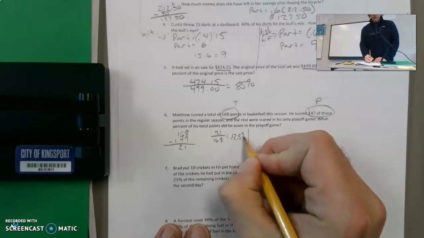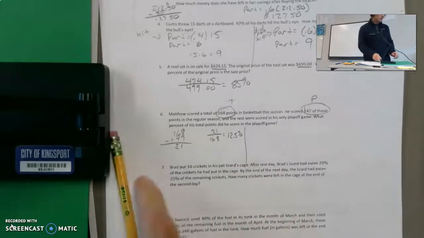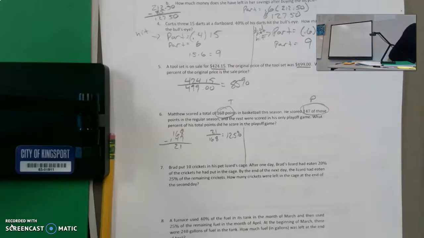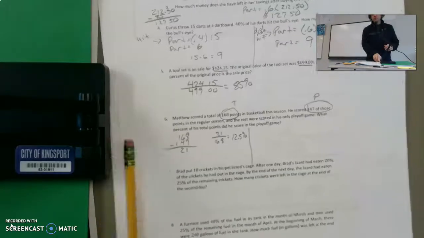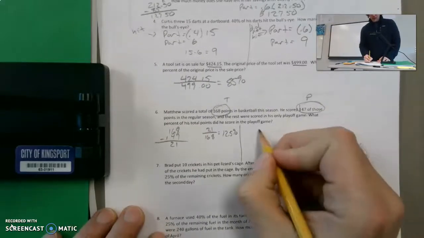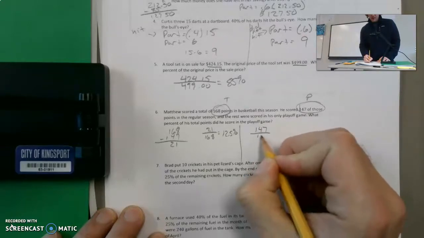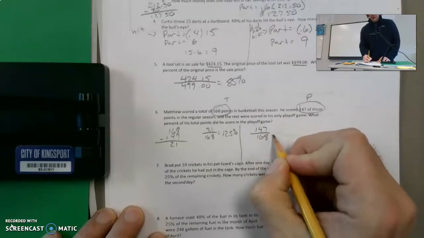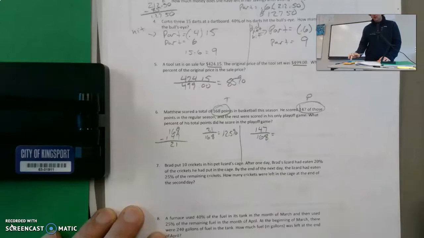Or you could just look at it and say, he scored 147 out of 168 points in the regular season, right? So that would be 147 divided by 168.